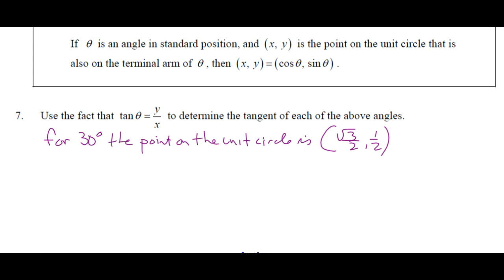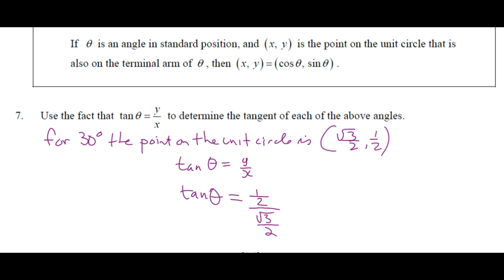Okay, so that's x comma y. We know that tan theta is y over x. So tan theta is y over x, where y is 1/2 and x is root 3 over 2. Okay, nothing shocking here, except it's a fraction over a fraction, which is kind of eh.